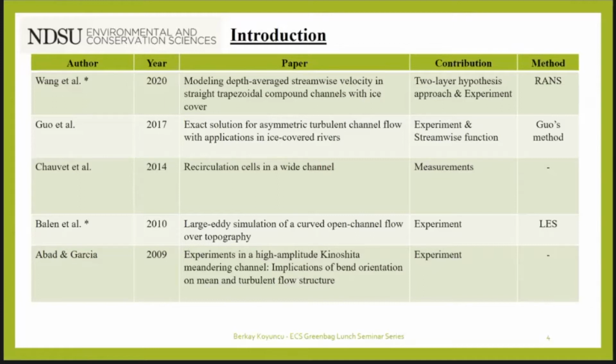They are not using topography. So that's important because he revealed the effect of the topography. And the last one is important also because they performed multiple bend orientations to understand the effect of the bend on the turbulence, because natural streams are classified as turbulent flows.